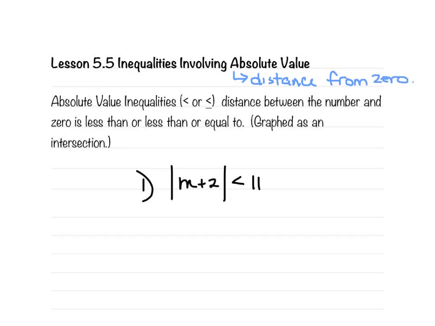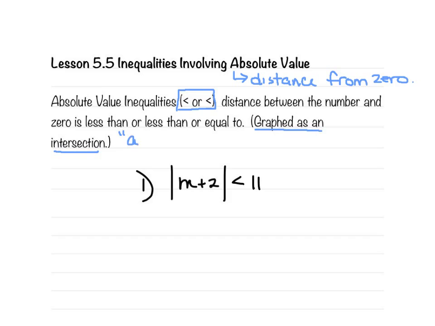So, we will be looking at solving absolute value inequalities, and there are two kinds that will be treated differently. There are absolute value inequalities that are less than or equal to. These are going to be graphed as an intersection.